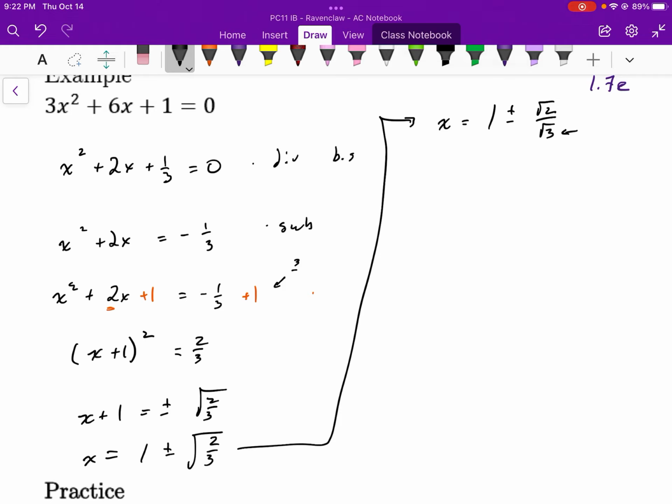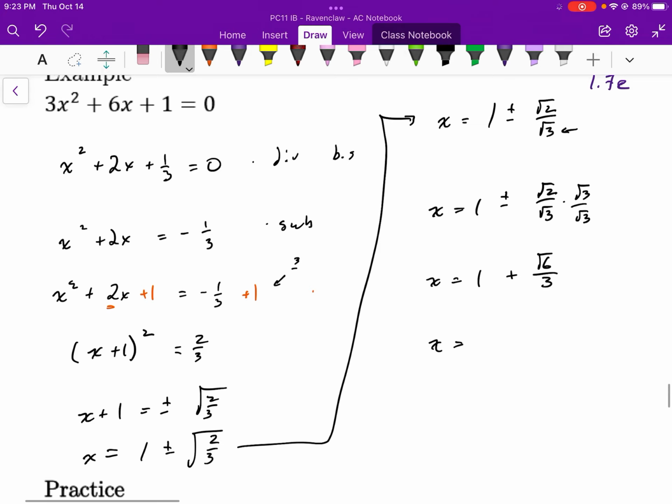That is, a whole number. Well, I'm going to multiply this by root 3 over 3. And when I do that, my denominator is just simply 3, since root 3 over 3 squared is 3. Now, root 2 times root 3 in the numerator is going to be root 6.